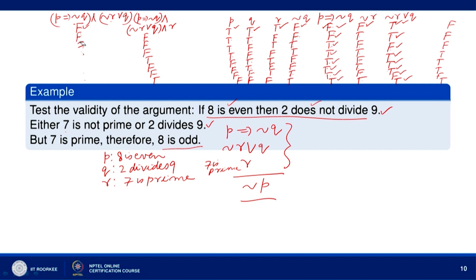So, let us write this: 3 F, okay, and 3 T, and we write 2 F.